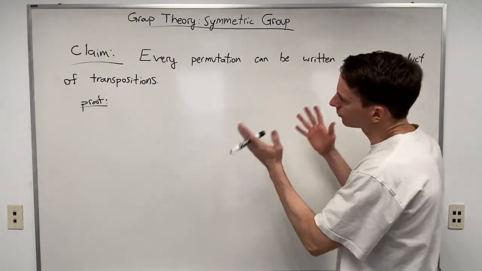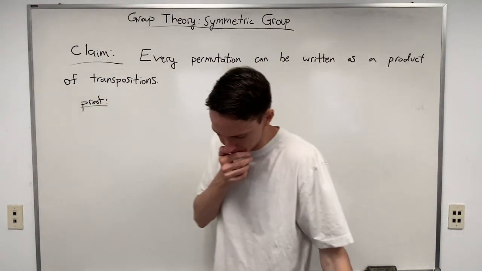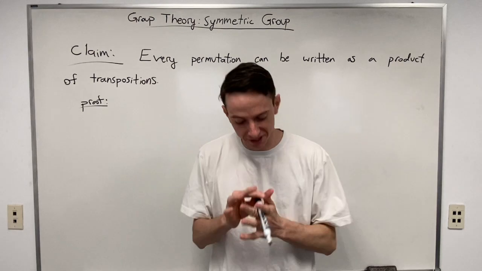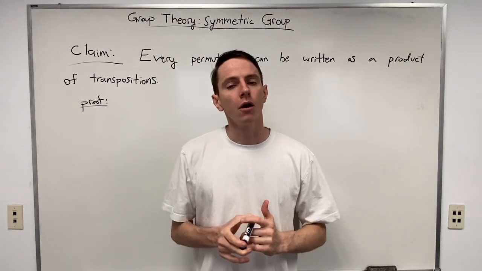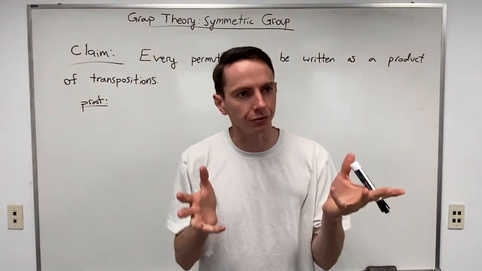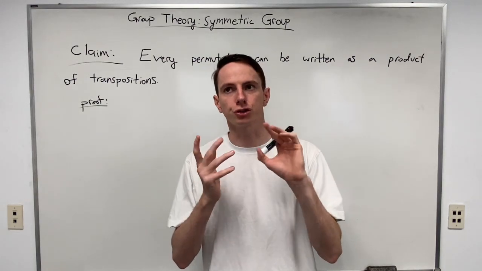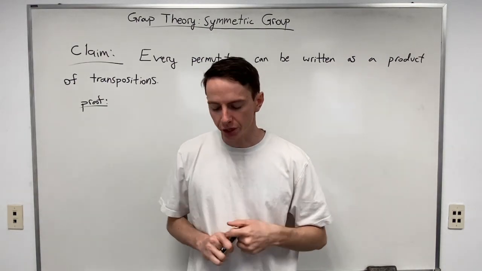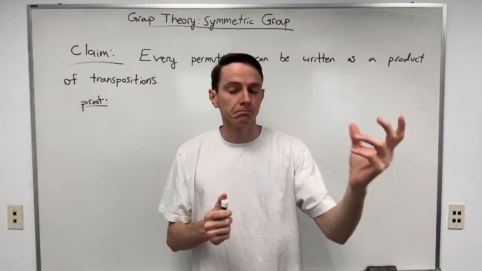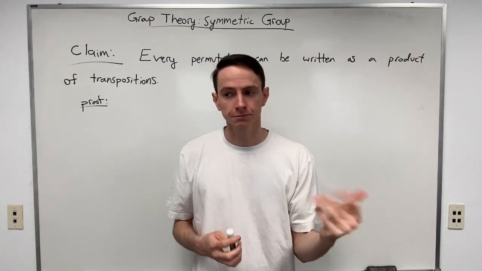Now, even if the claim itself might sound a bit abstract, thinking about it intuitively might not be so intimidating. You can imagine we are reshuffling many different elements in a given set.